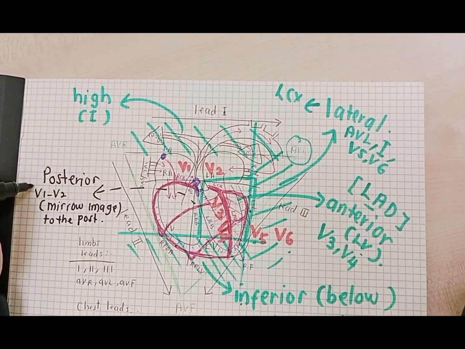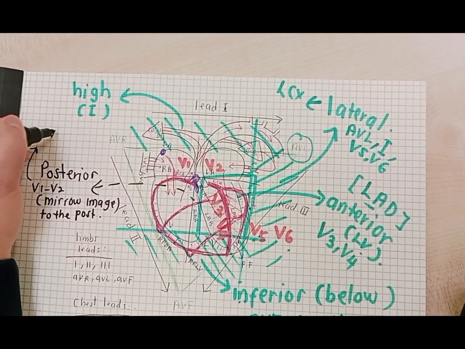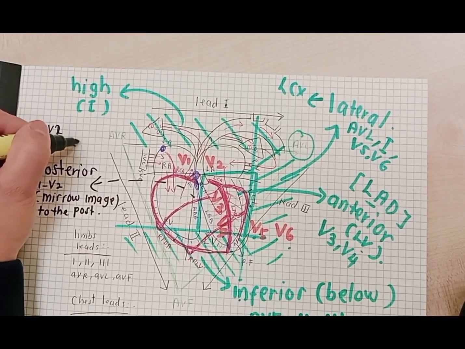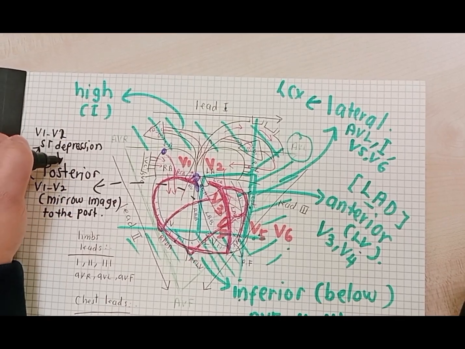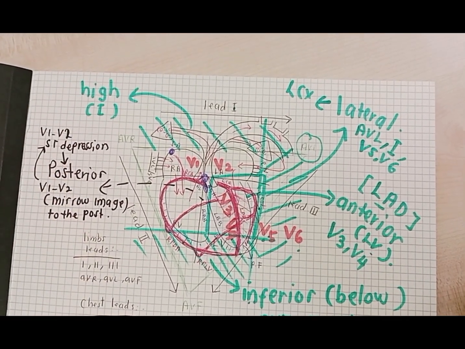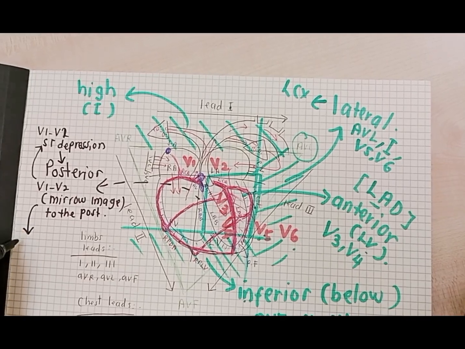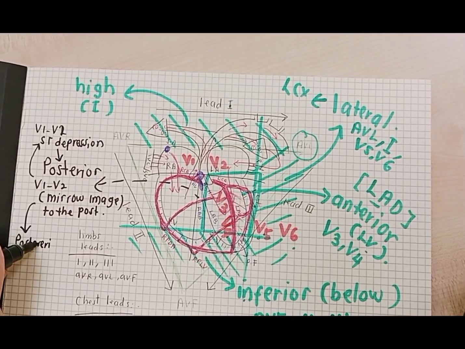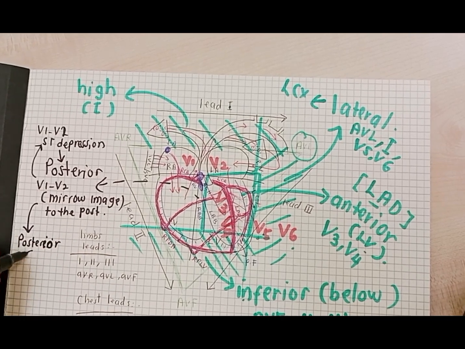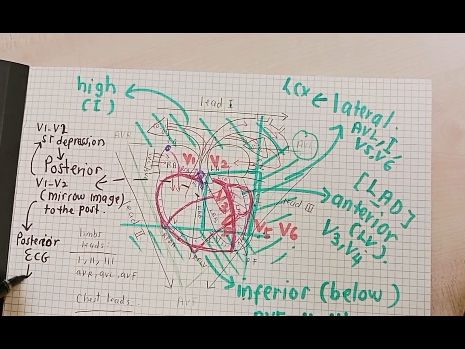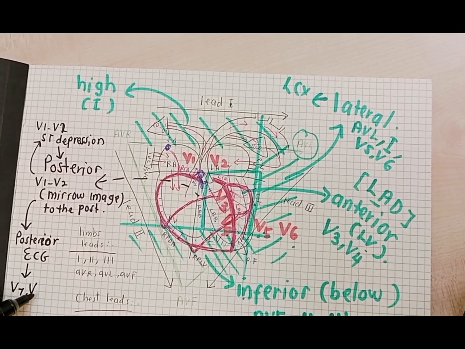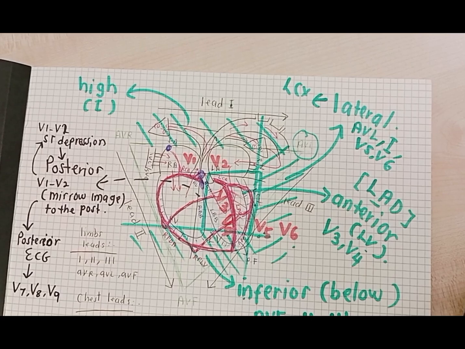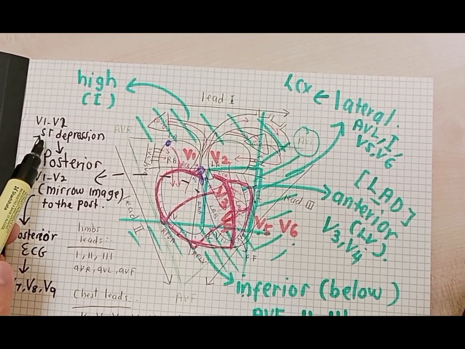So if we see ST depression in V1 and V2, it might be a posterior MI, or we do a posterior ECG, which is V7, V8, V9.